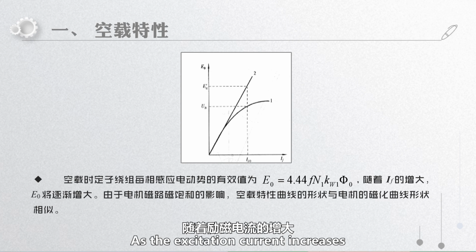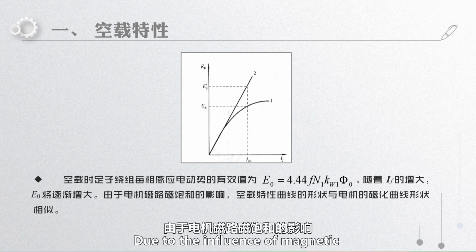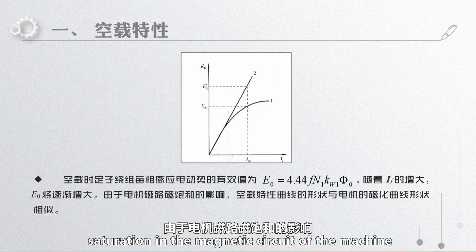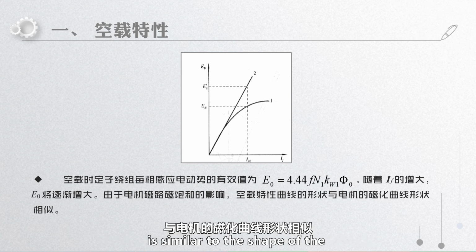As the excitation current increases, E0 will gradually increase, influenced by magnetic saturation in the magnetic circuit of the machine. The shape of the no-load characteristic curve is similar to the shape of the magnetization curve of the machine.